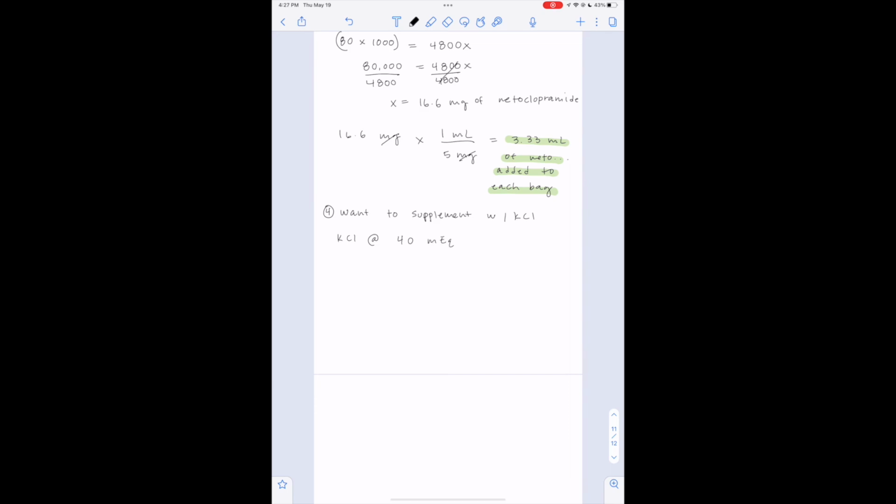So basically think of your 40 milliequivalents per liter as essentially your dose, and then the 2 milliequivalents per milliliter as your concentration, and you set it up the same way as all the other problems. So how many mils should you add to the 1 liter?